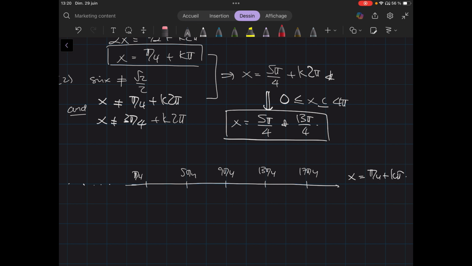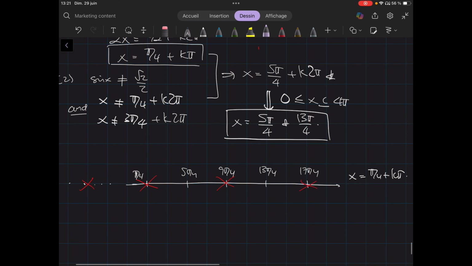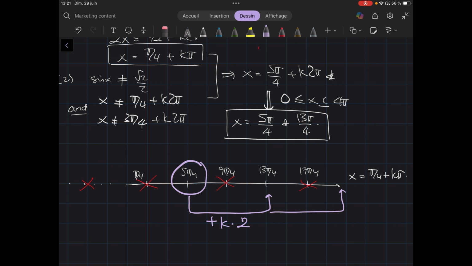However, x must not be pi/4 plus k2 pi. So that root is gone, that root is gone, that root is gone, another root over there is gone, and so on. That means that if we take 5 pi/4 as a starting point, all of the roots will be 5 pi/4 plus multiples of 2 pi, because we're going to jump 2 pi radians at a time.